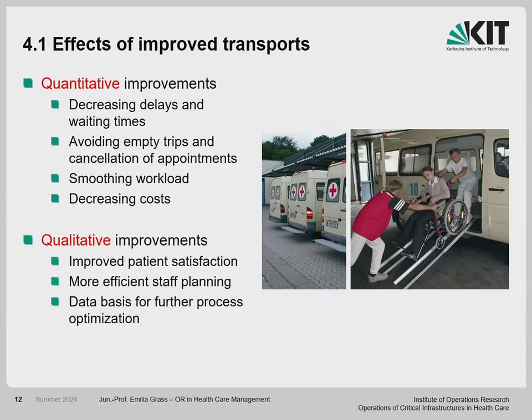On the other hand, we also have qualitative improvements that cannot be measured that perfectly, but still, if we improve the process, we can see that patient satisfaction could be improved. We have more efficient staff planning so that they don't have too much idle time, too much stress at peak times, and so on. So staff satisfaction could also be improved.